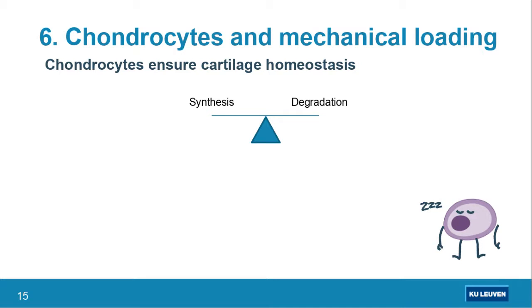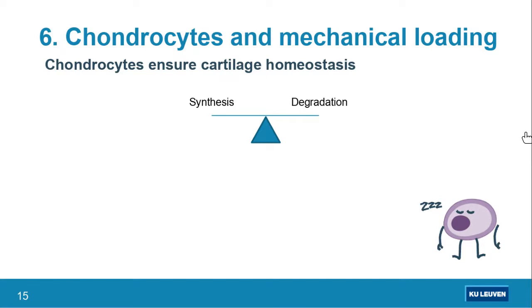And why? It's because the metabolism of the chondrocytes is going to ensure a balance between the synthesis of extracellular matrix and degradation of specific components. So this way, with this balance, the extracellular matrix is going to be always the optimal extracellular matrix to be able to support or to withstand the mechanical challenges during, for example, daily locomotion.